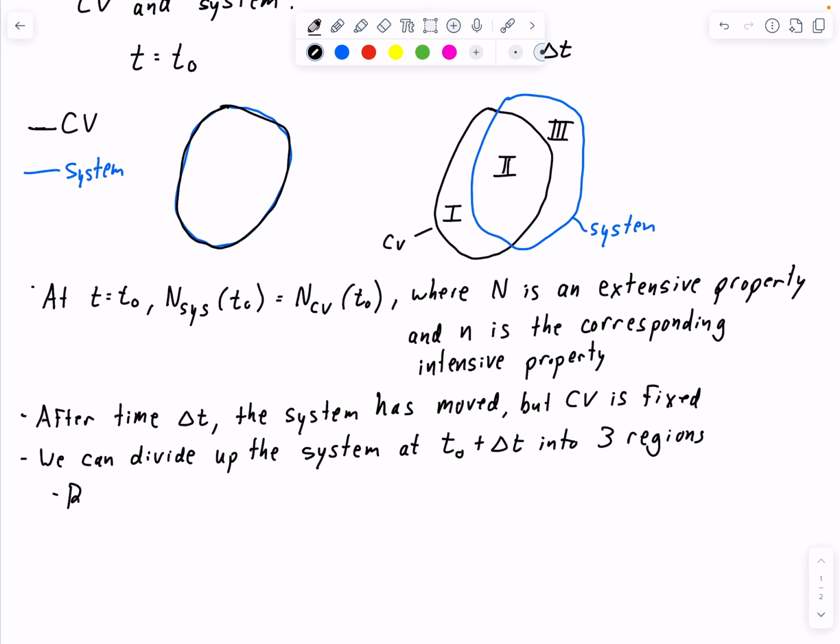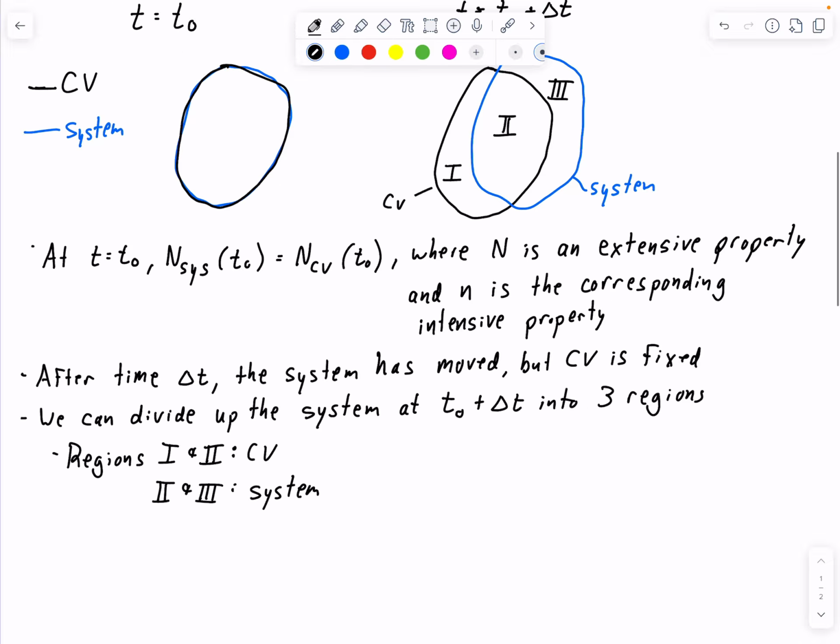So let's think about those 3 different regions. So regions 1 and 2 make up your control volume. And regions 2 and 3 make up your system, this collection of particles that is moving throughout time and space. So we have this overlap where region 2 is the region where they both overlap. Region 3 is the fluid in the system that's exited the control volume.